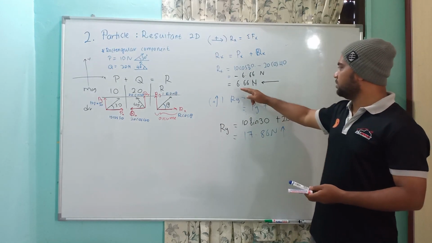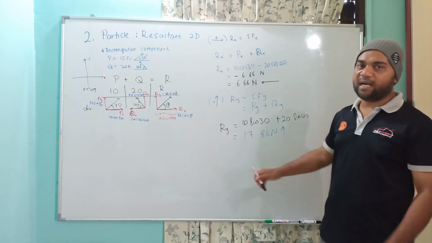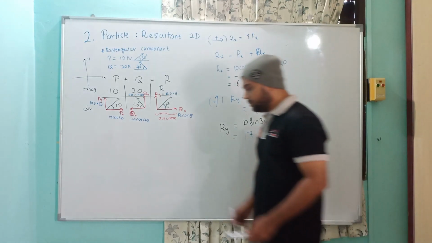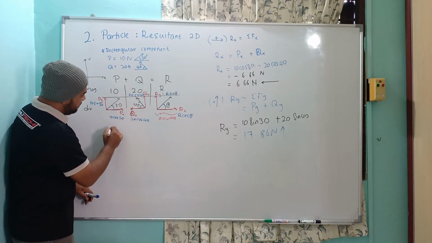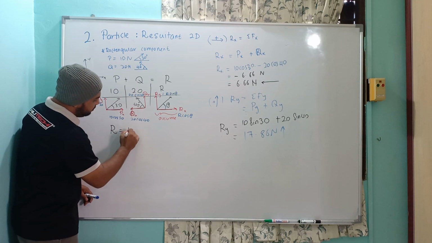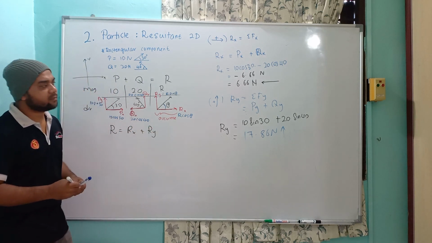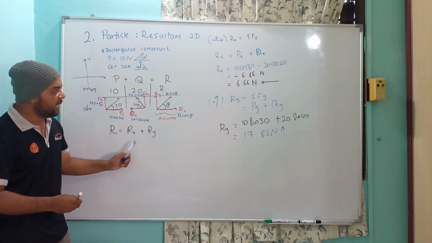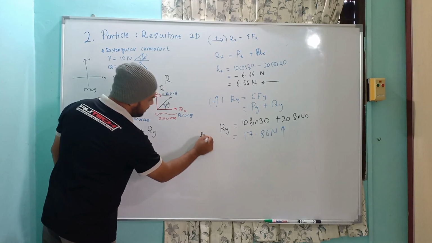Okay, so now you have these two values, Px this one, Py this one. What you want to do is combine these, because we know that now R equal to Rx plus Ry. So I will start first with Rx. Rx is this one, this is my start point.